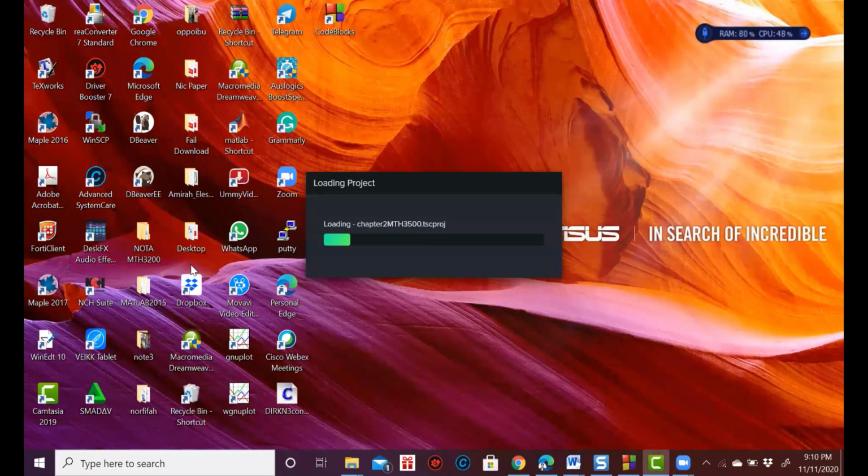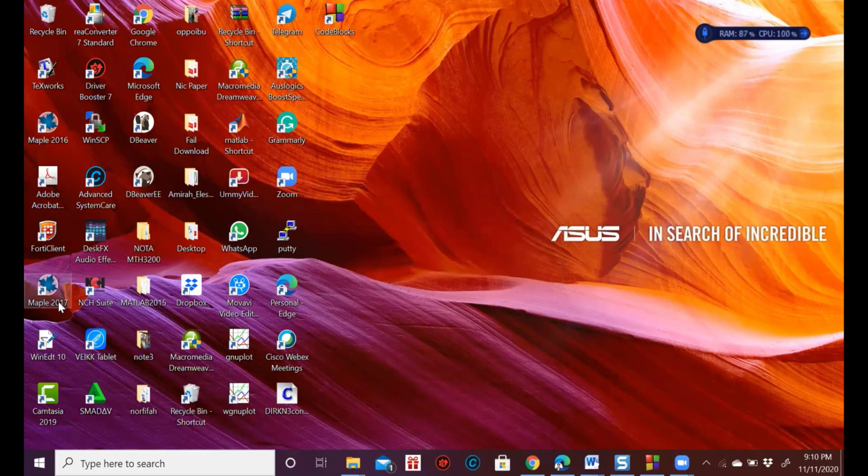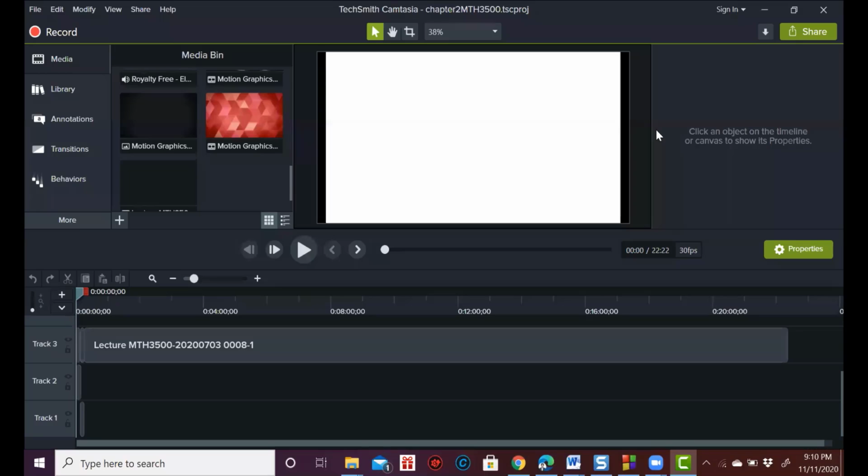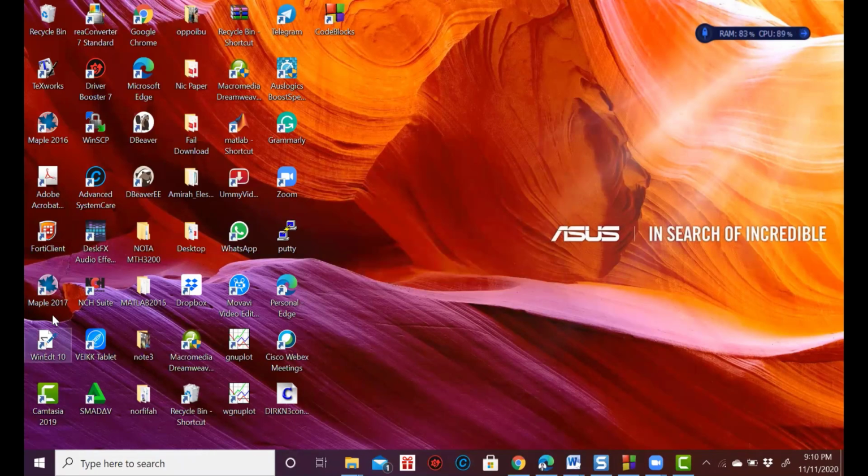Okay, class. Now, for week 7 or 8, we need you to install the Maple, like this one. Maple, you know Maple? Not MATLAB, Maple. MATLAB is different.